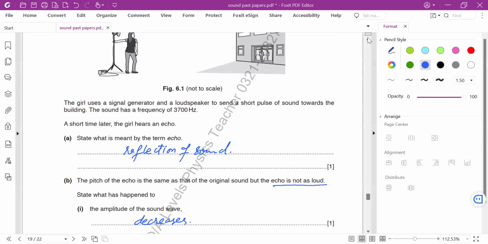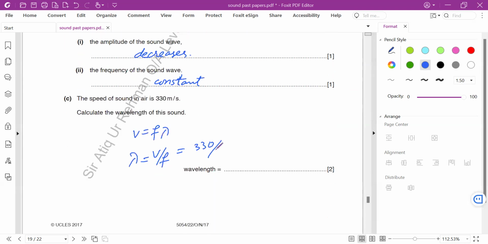How much is the frequency? 37 hertz. 330 divided by 37. So the calculation, I think, is 8.9 × 10⁻³. Please check this, because I did not get the right answer on the calculator.